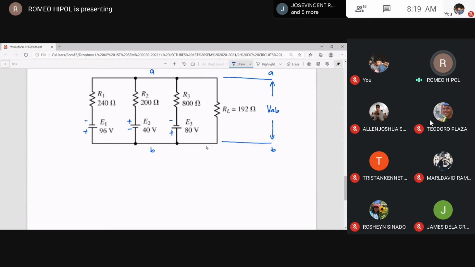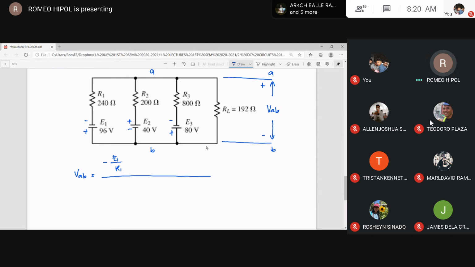Okay, so let's proceed to get the terminal voltage VAB. Since we have four branches, for the numerator, considering the first branch, E sub 1 over R sub 1. Actually, you can set the polarity right away so you won't forget. You can set this as negative. Earlier I only showed the solution using the formula, but here you can substitute directly.